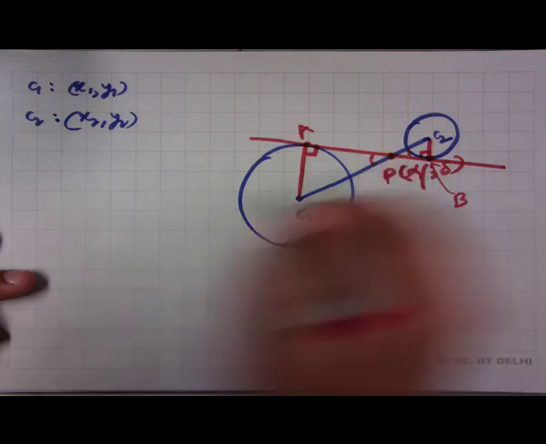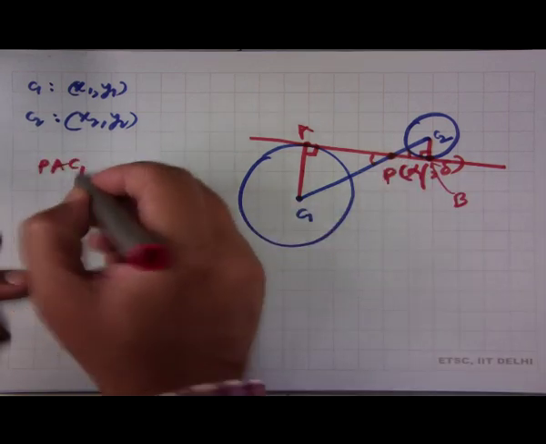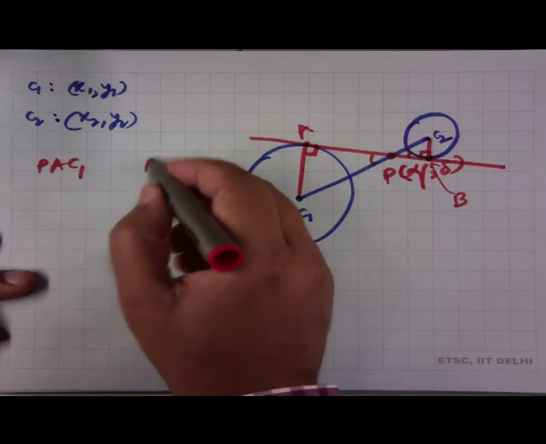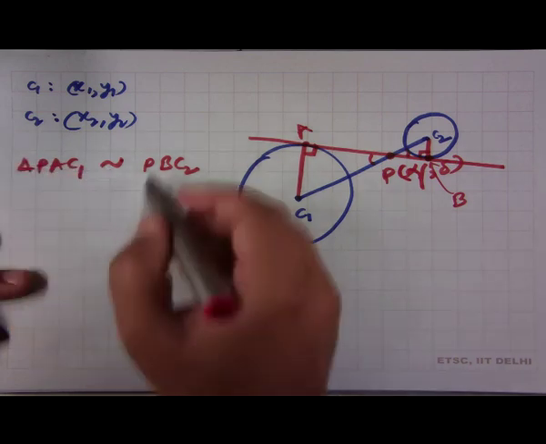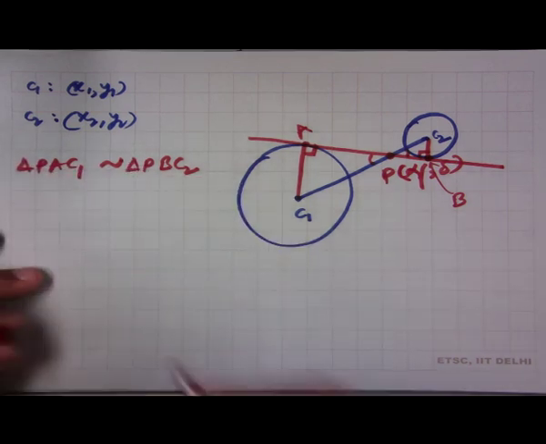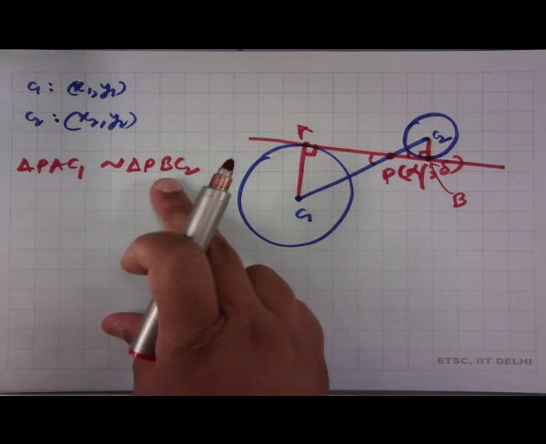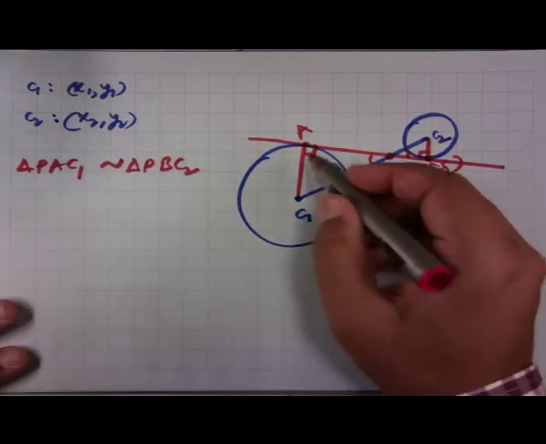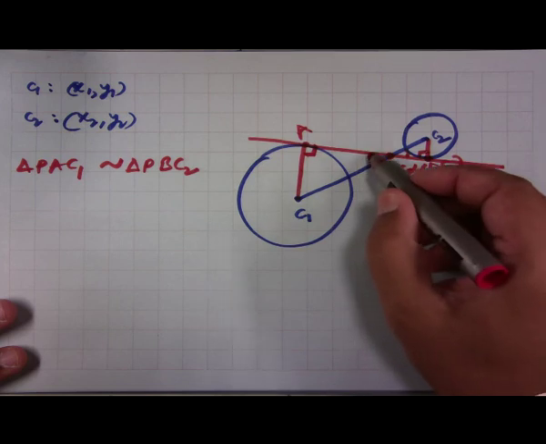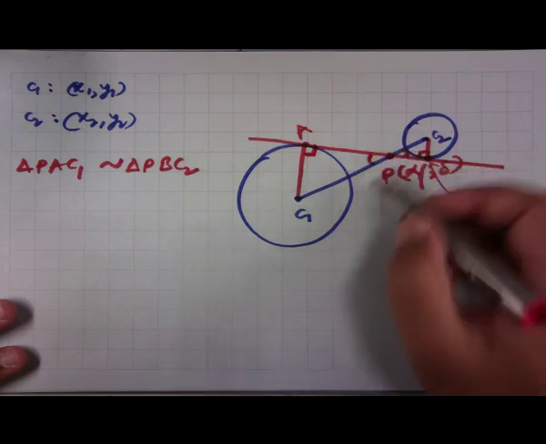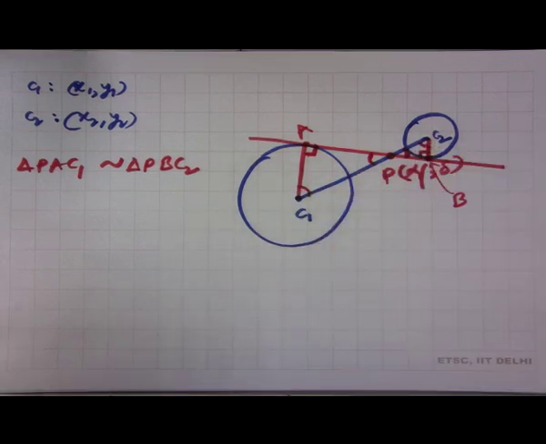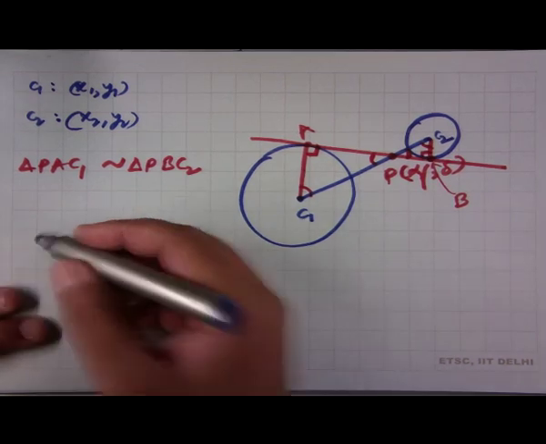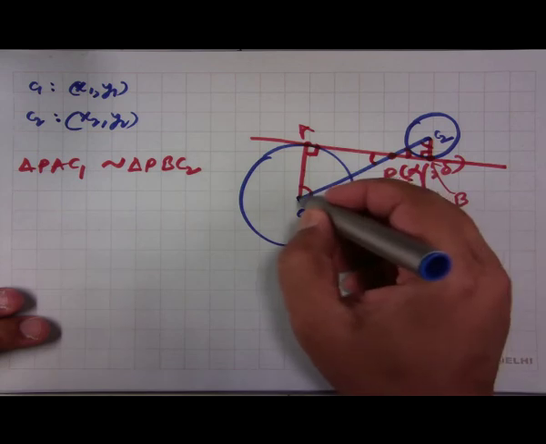So, let us see the two triangles PAC1 and PBC2. What we will see is that the two triangles are similar to each other, because all the three angles of these two triangles are the same: one of the angles is 90 degrees, and this angle and this angle are also equal, and therefore the third angle has to be equal, this and this will also be equal. Given that these two triangles are similar, we can now write down the similarity ratios.